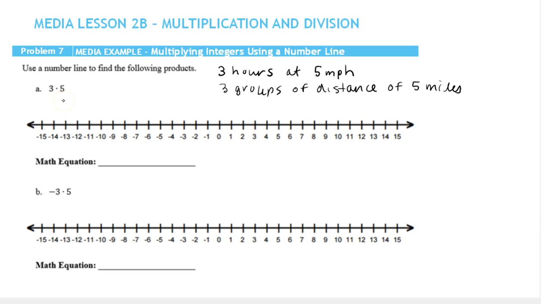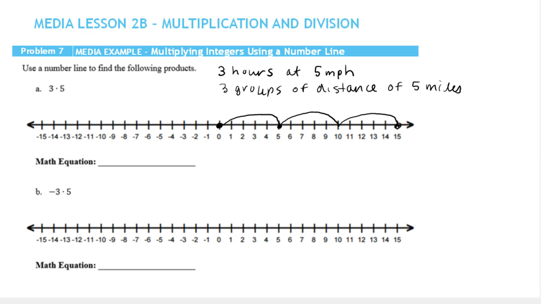So I'm going to think you're starting at home, or you start at point 0. Now we need 3 groups of 5, so I'm going to make jumps to 5. That's our first group of 5, our second, and our third.